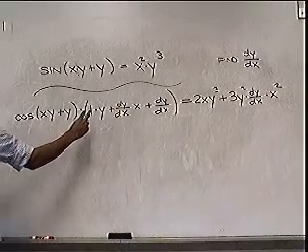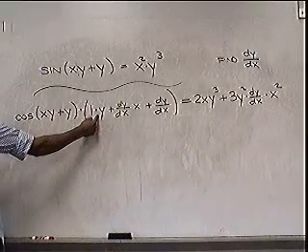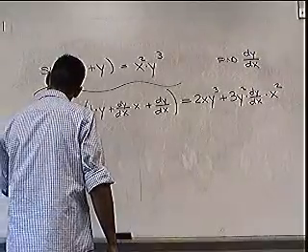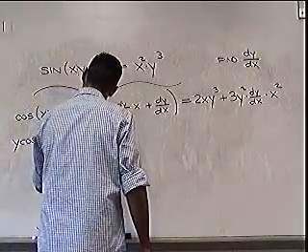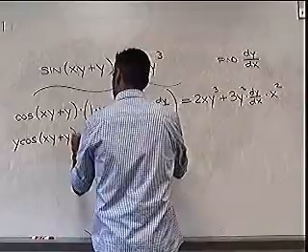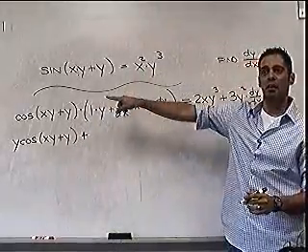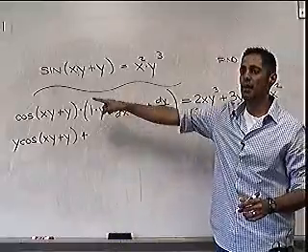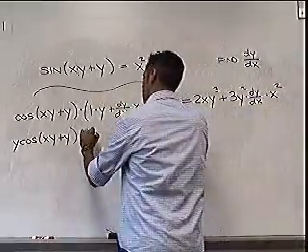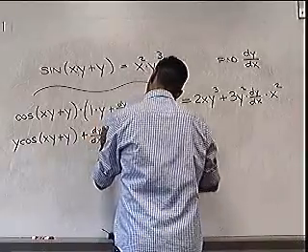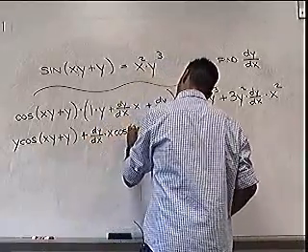So when I do this times this, it's just a y, right? So y times that. Y, I'm going to put in front. Cosine xy plus y. Plus, now I have this times that. So I'm going to do dy/dx times x times cosine xy plus y.